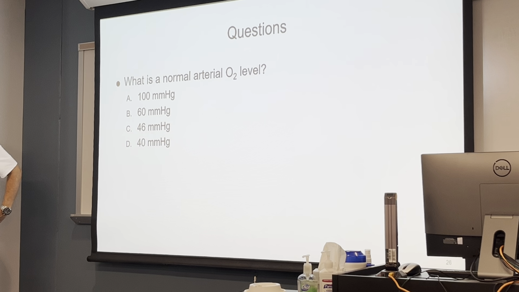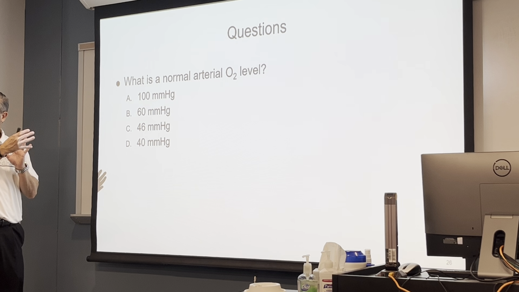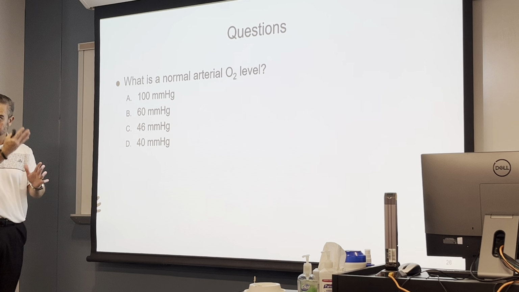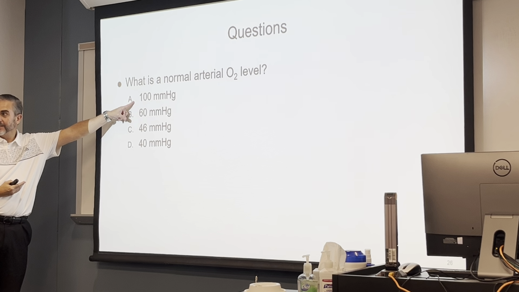Again, arterial oxygen, which is on the graph, they're always what color? What's the blood color in that? Red, because it's carrying oxygen. 100. It is 100.